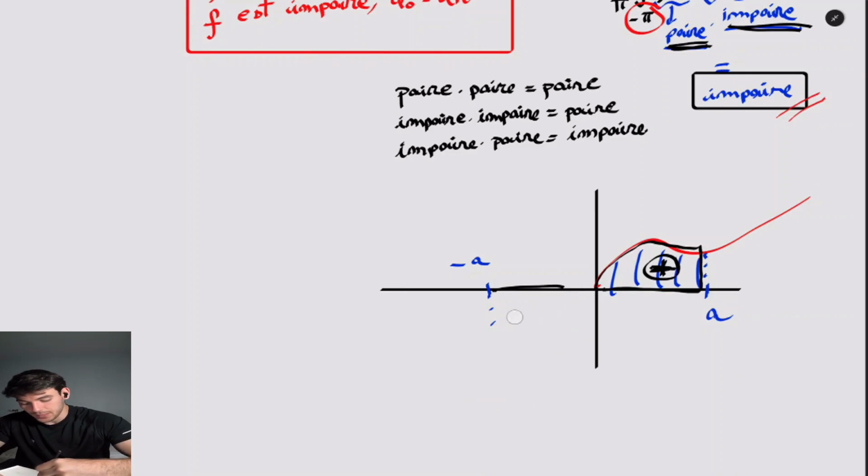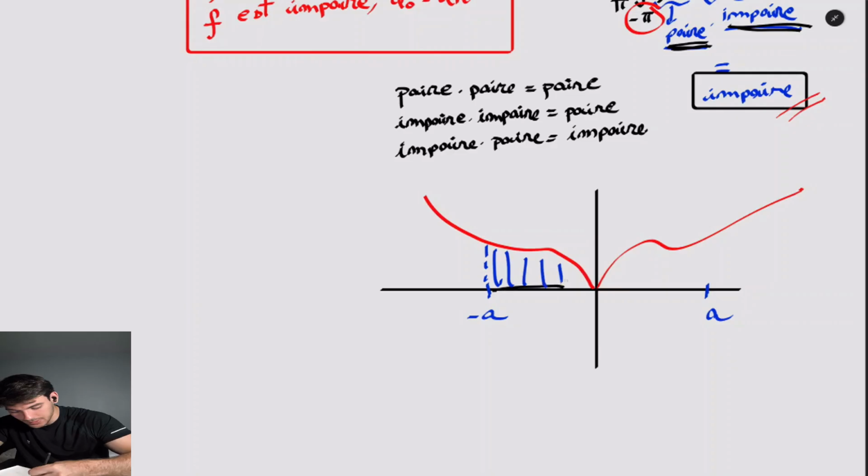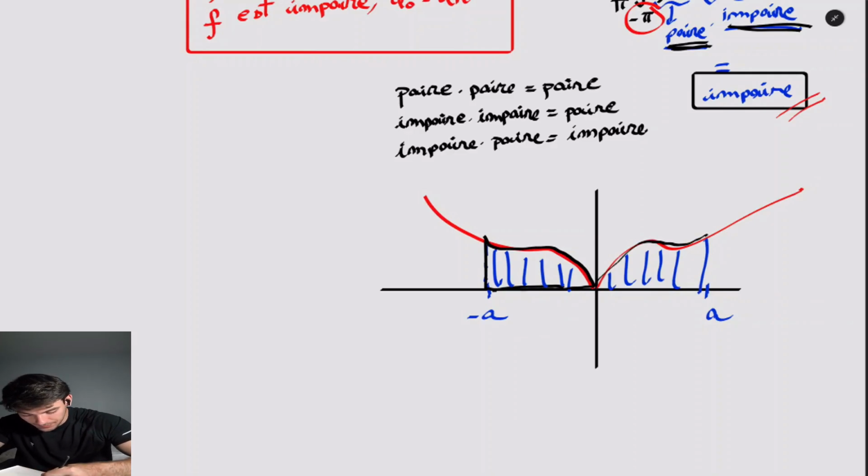And if you're integrating an even function, let's say this even function will be something like this, on a symmetric interval, you're calculating the area. Since it is an even function, this area is the same as this area.